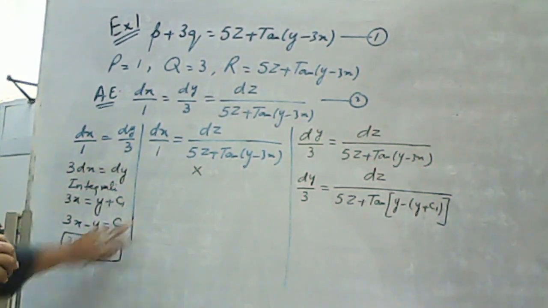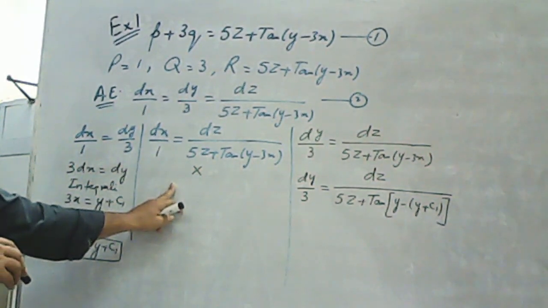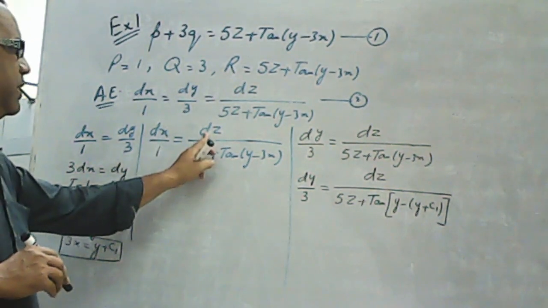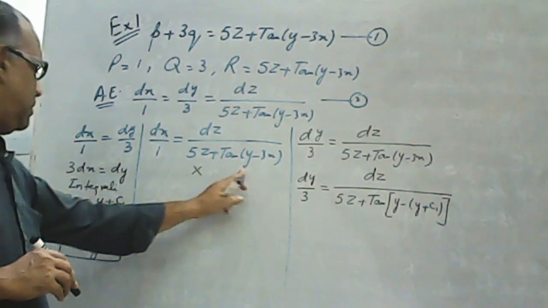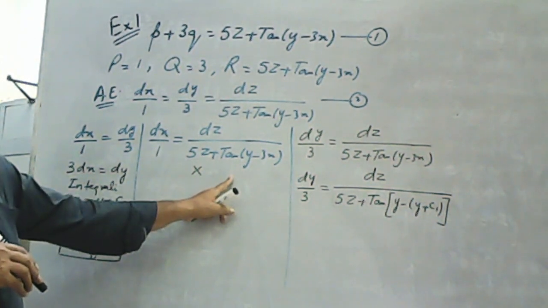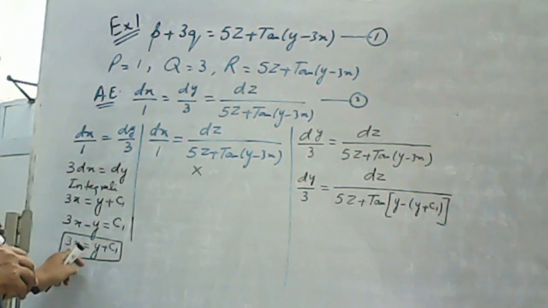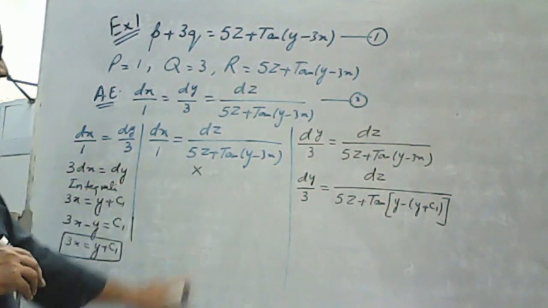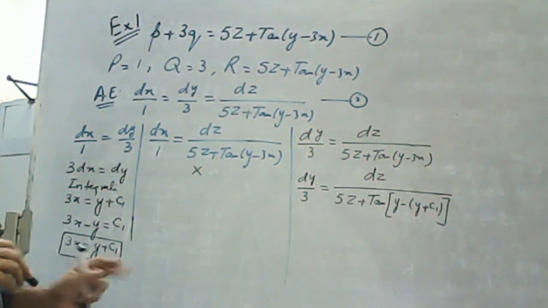You can do the same thing for this pair. Since y is not there in the numerator and y is here, just take the value of y from here and substitute here, as I took the value of x. Then this pair will also be able to solve.